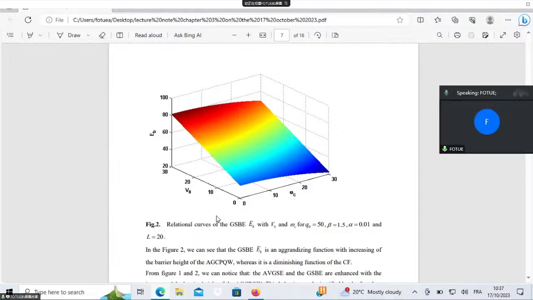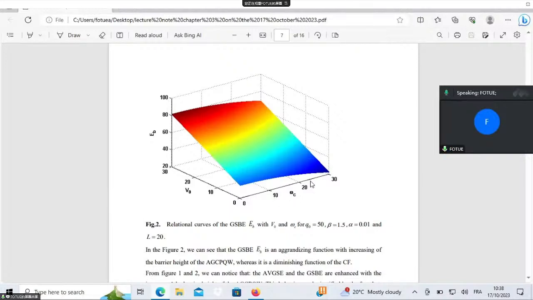We still have the increasing function of the binding energy as a function of the height of the potential V0. We see that as we are increasing the height of the potential, the binding energy here is increasing. And also, we still have the reduction of the binding energy as the cyclotron frequency WC is increased.